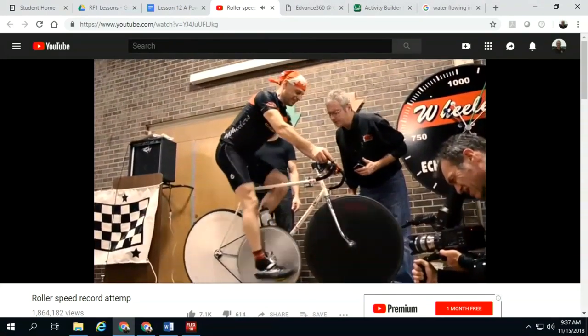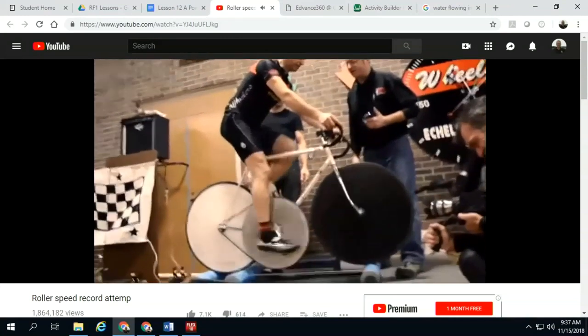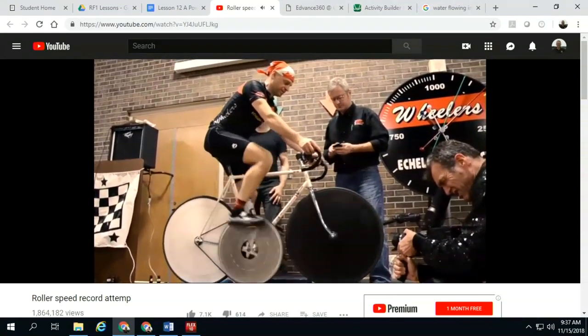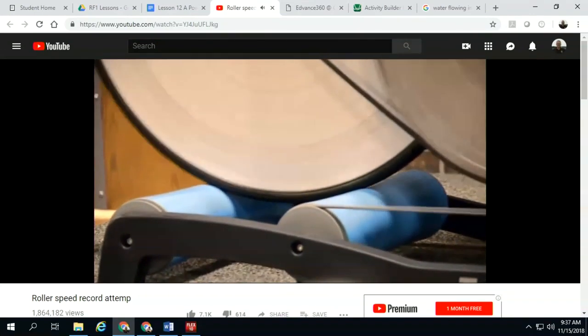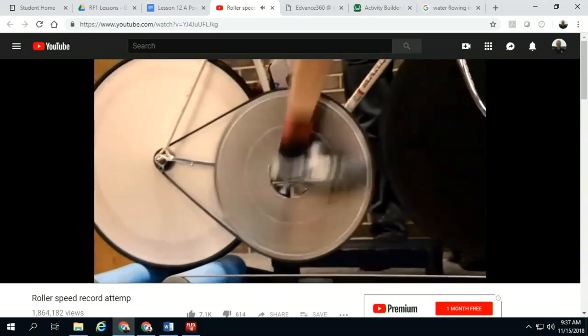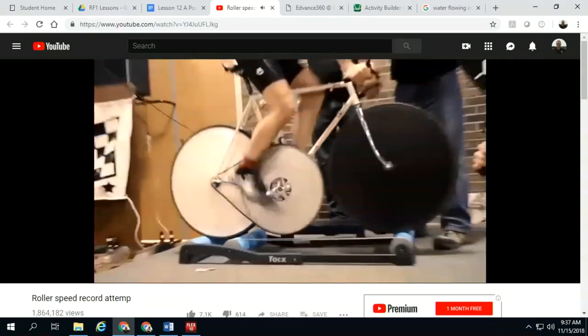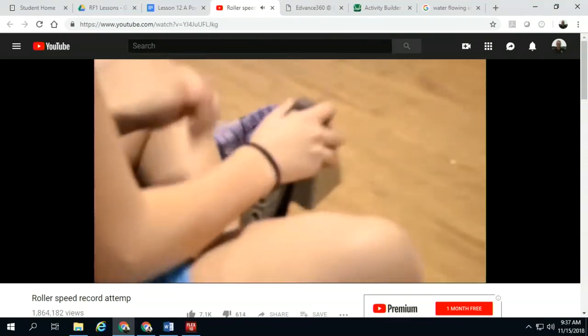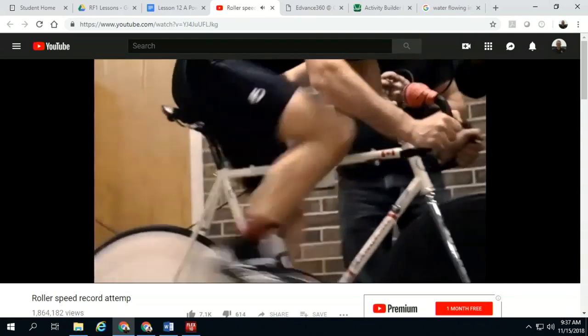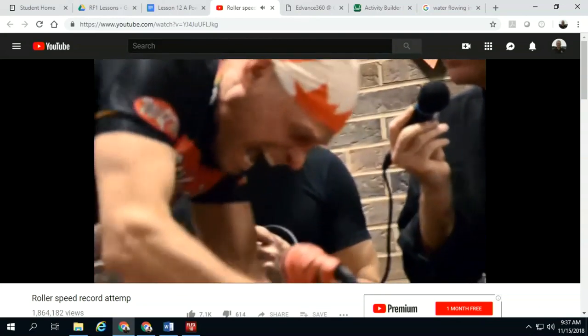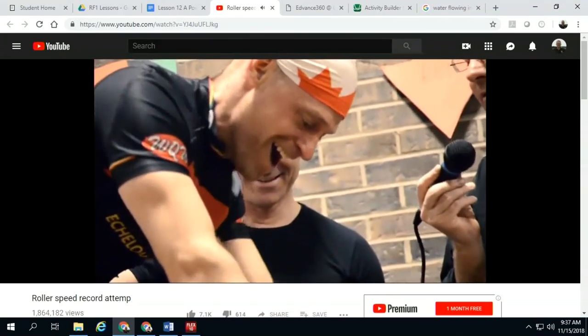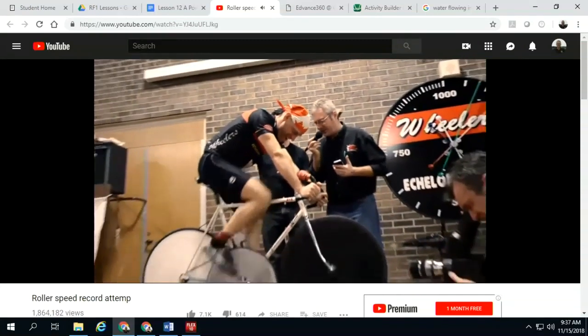So he's just on a stationary bike, and the speedometer says he's going 35. 55, 60, 65, 70, 79, 100. His girlfriend there. 148.